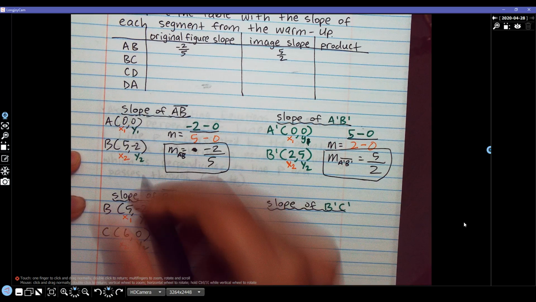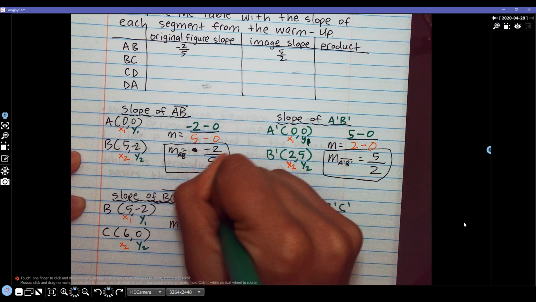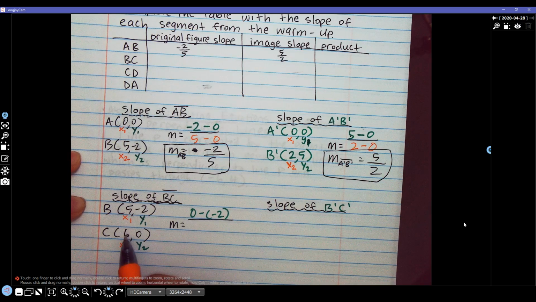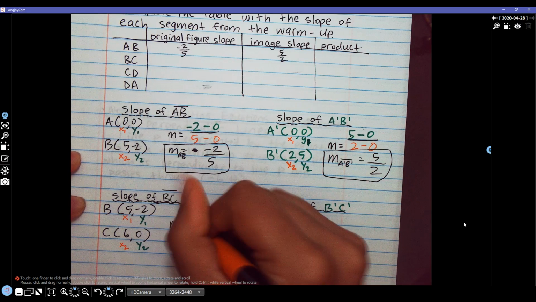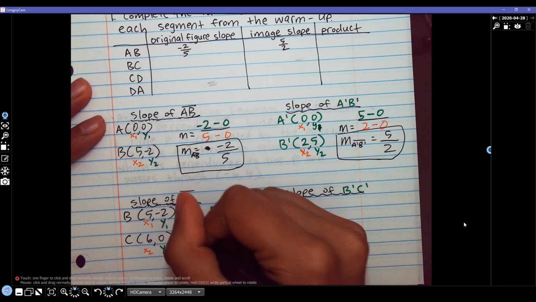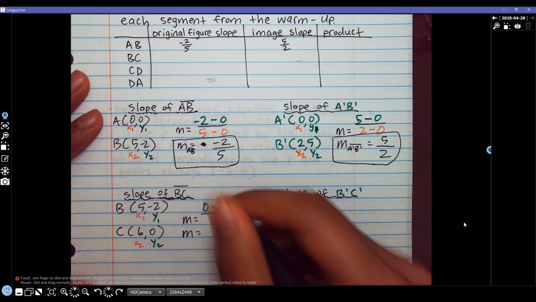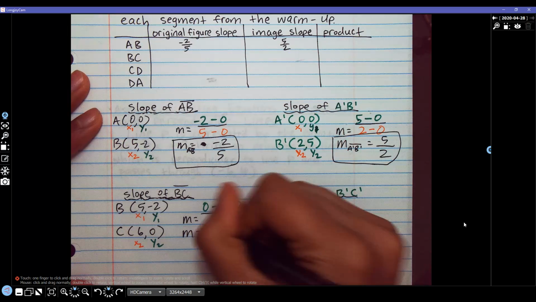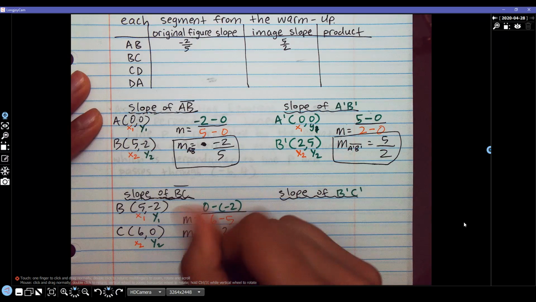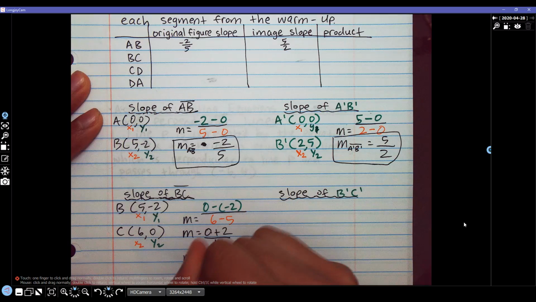So my slope is equal to 0 minus a -2 over x2 minus x1, so 6 minus 5. Remember, when we're subtracting a negative, it turns into an addition problem. So we've got 0 plus 2 over 6 minus 5 is 1. 0 plus 2 is 2 over 1. So our slope of segment BC is equal to 2.